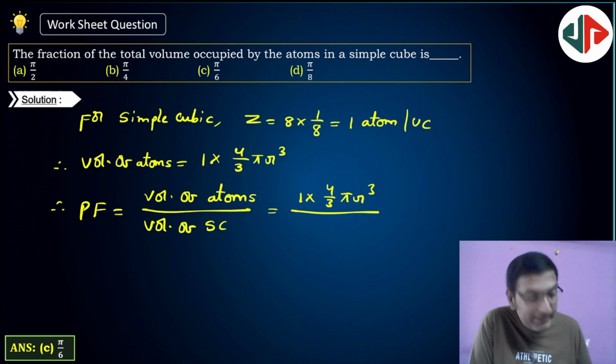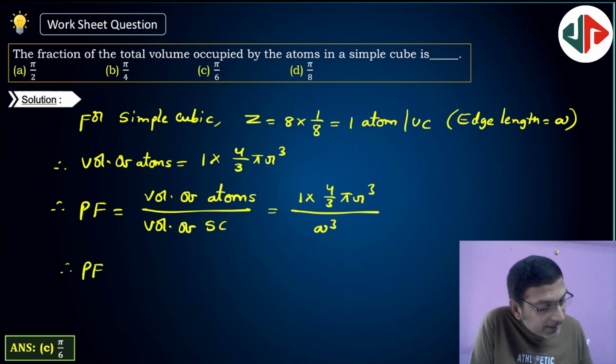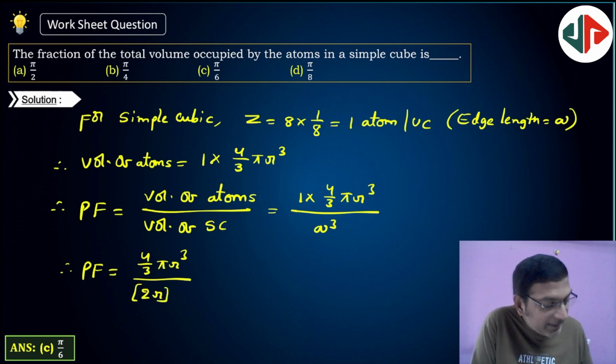If edge length is, say, A, then the volume becomes A cube. Therefore, packing fraction equals 4 by 3 pi r cube by, so A value is 2r for simple cubic, 2r cube. 4 pi by 3, r cube cancels, divided by 2 cube, 8.